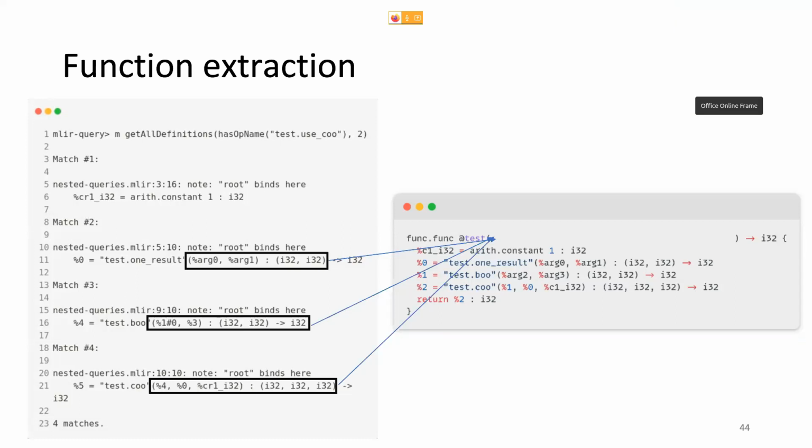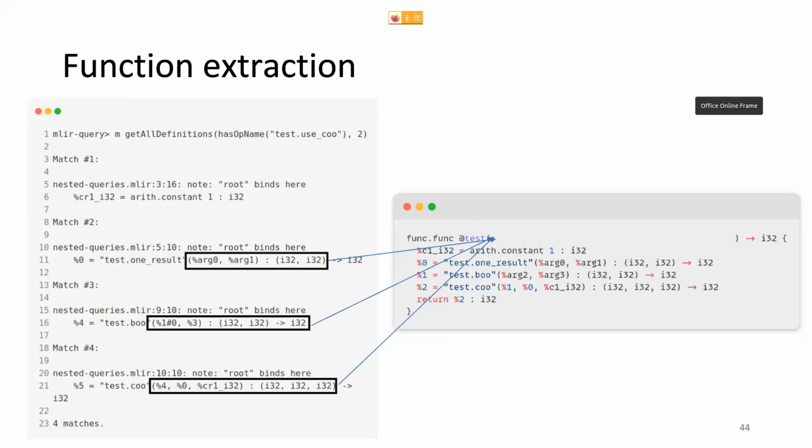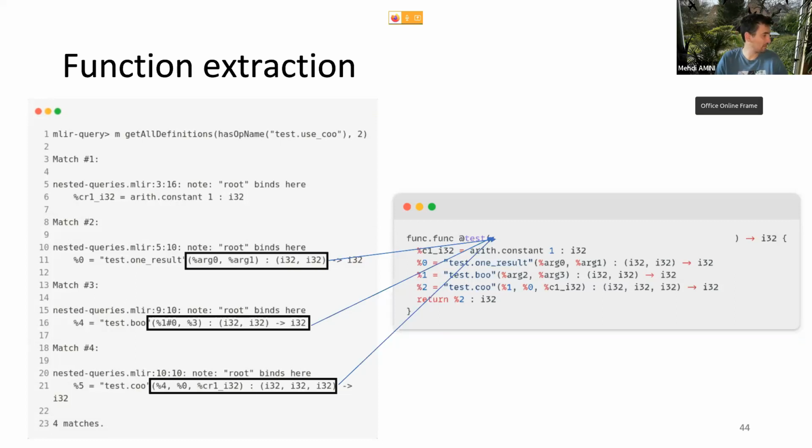So you need to get all the matches that have a side effect. Yeah, but sorry, not walking the SSA graph, walking the control flow graph.